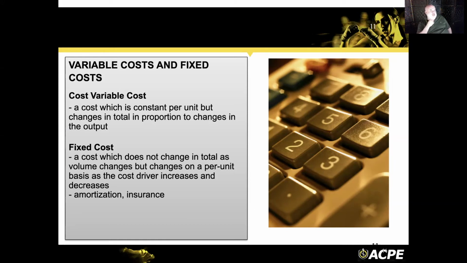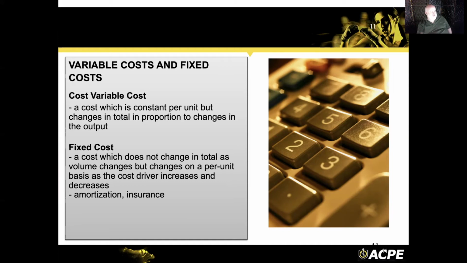A cost which does not change in total as volume changes, but changes on a per unit basis, okay, is a fixed cost. So if I've got rent of $1,000 a week, if I make 1 loaf of bread, that's $1,000 per loaf of fixed costs. If I make 1,000 loaves of bread, it's $1 of fixed cost per loaf.